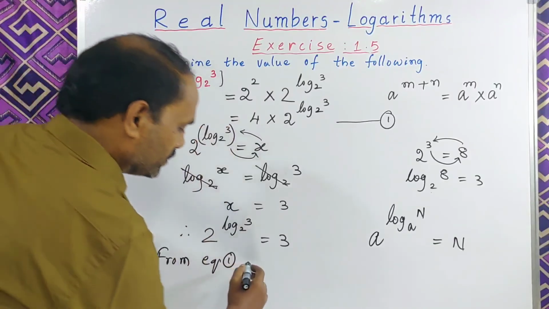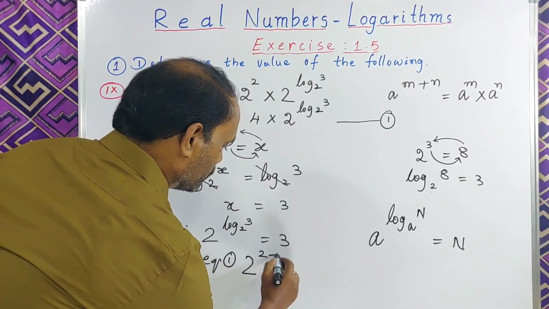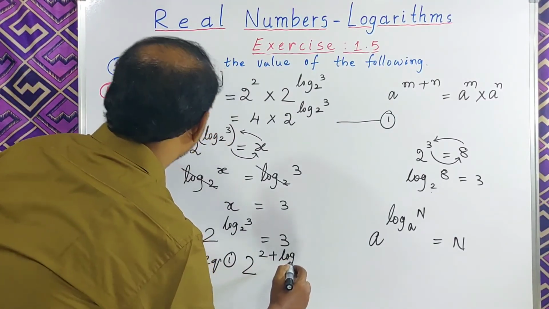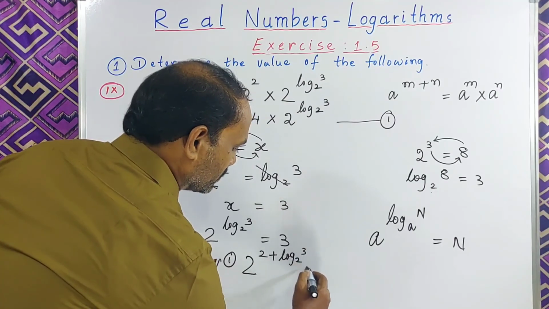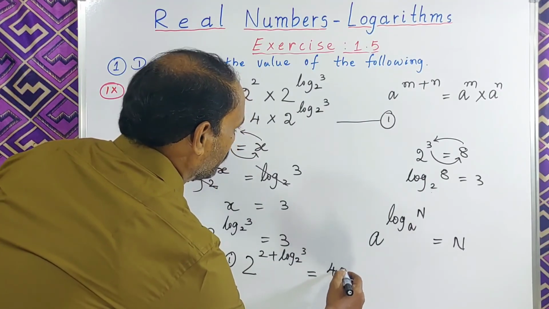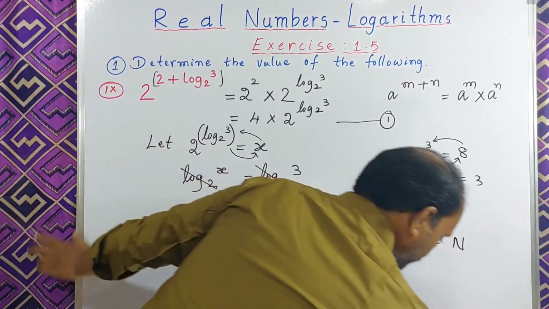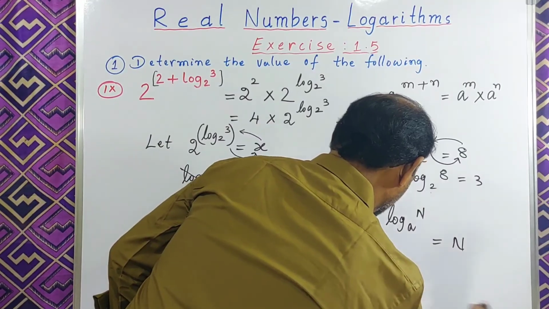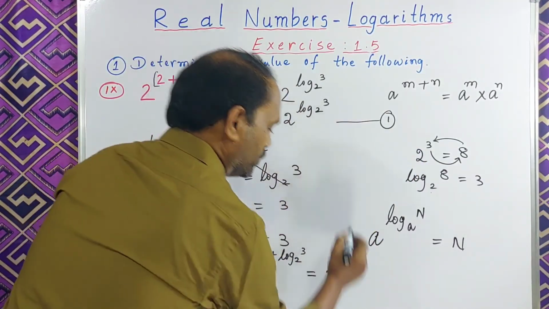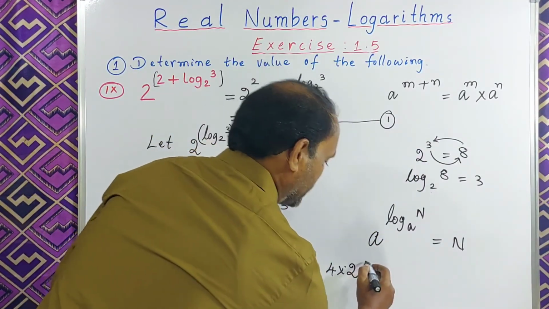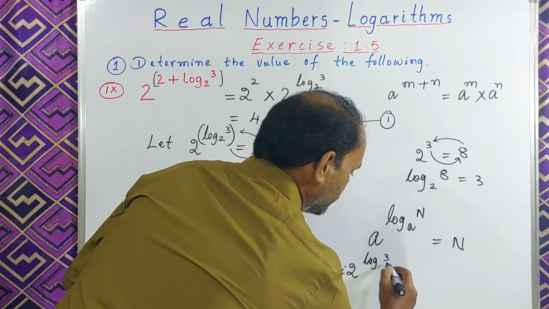2 power 2 plus log 3 to the base 2 is equal to 4 into 2 power log 3 to the base 2.